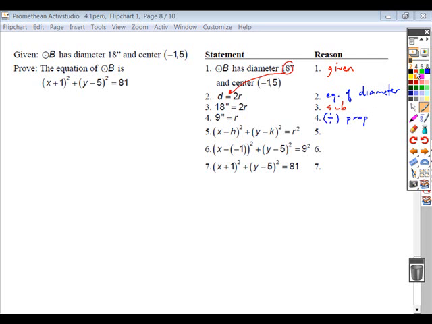And now where did we come up with the equation in step 5? Equation of a circle. And once we did that, what did we do to change to step 6? Substituted in the values for h, k, and r. And then here's, again, the case of what I had mentioned yesterday and the new justification.